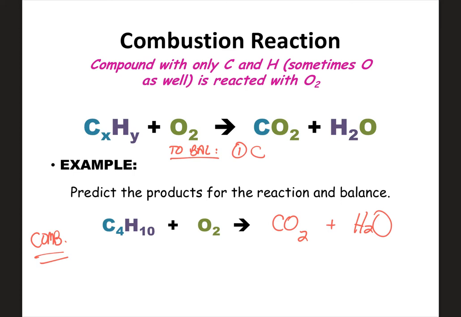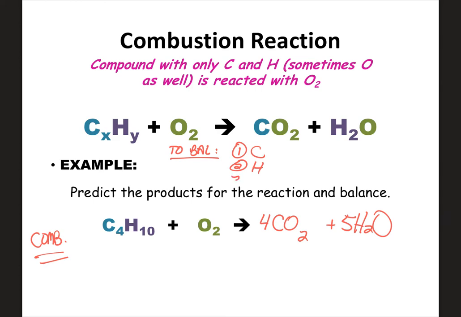I can see I have 4 carbons on the left, so now I'll put a 4 in front. That gives me 4 carbons on the right. The second thing you do is your hydrogens. I see that I have 10 hydrogens on the left, and on the right now I have 2. So by putting a 5 in front, that gives me 10 hydrogens on the right side.